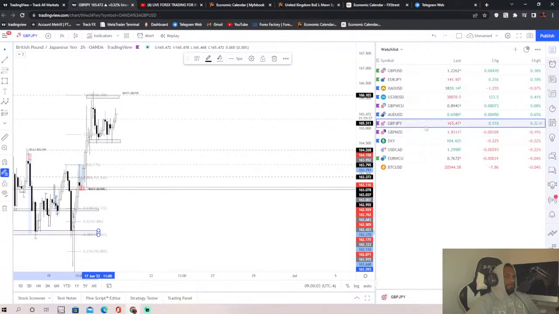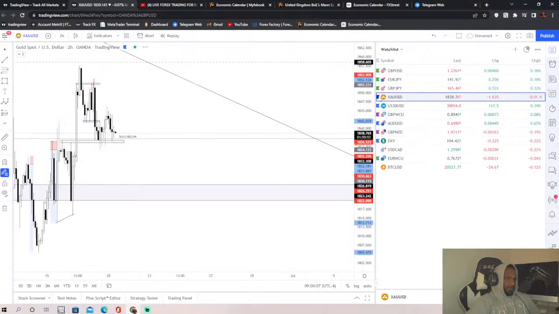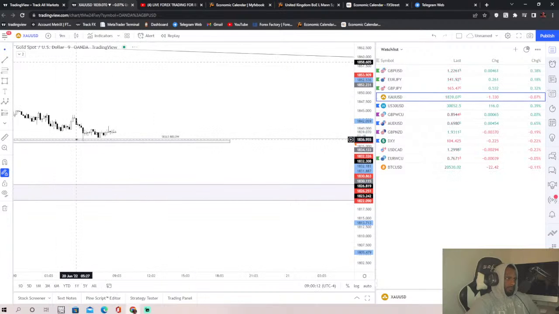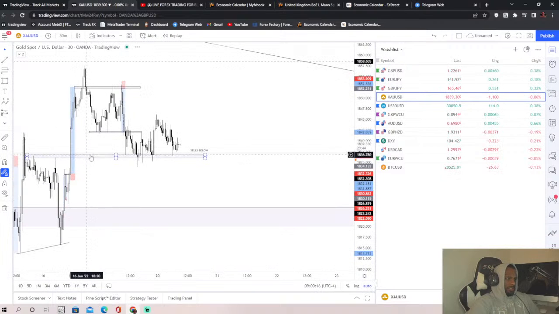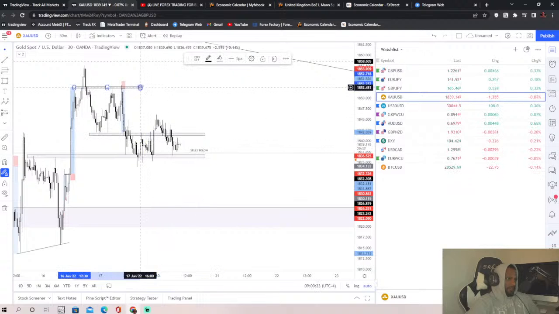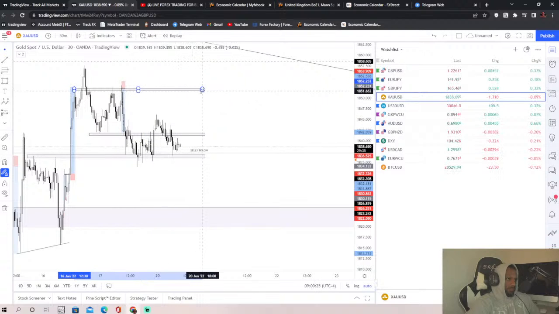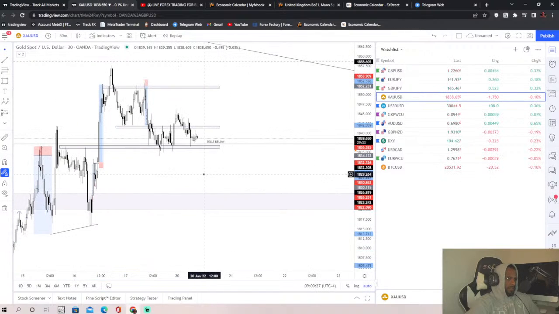All right. So now we got GJ. Oh, gold. What are you doing? See, a lot of exhaustion here, guys. Looking kind of sus. Could be wrong, but let's see how price behaves under this zone, and then let's see how price behaves under that zone.